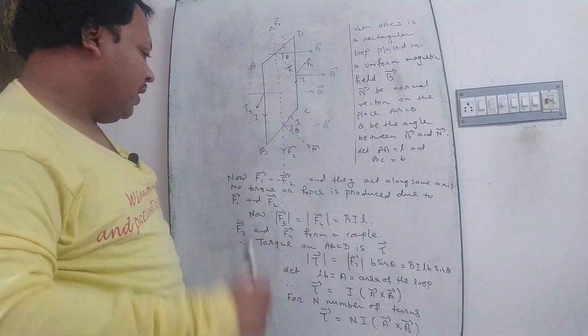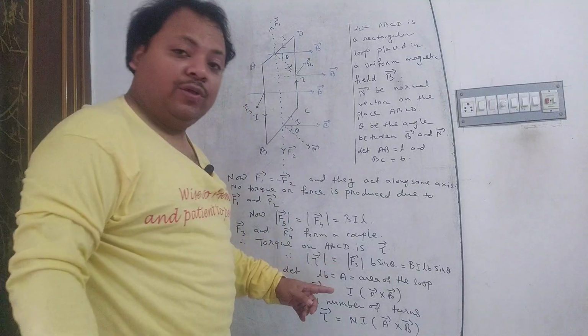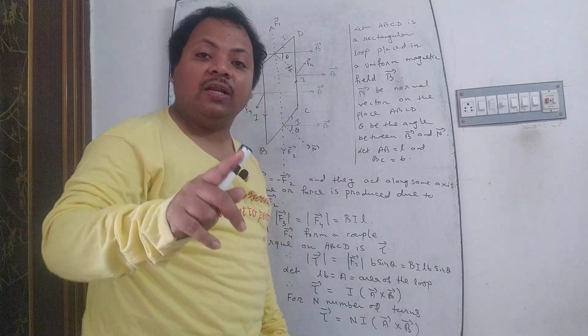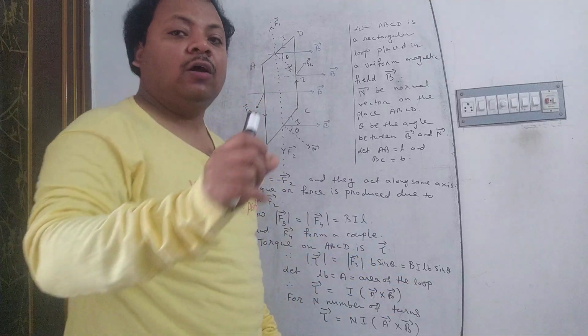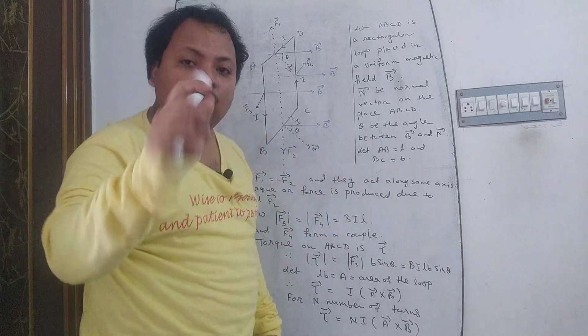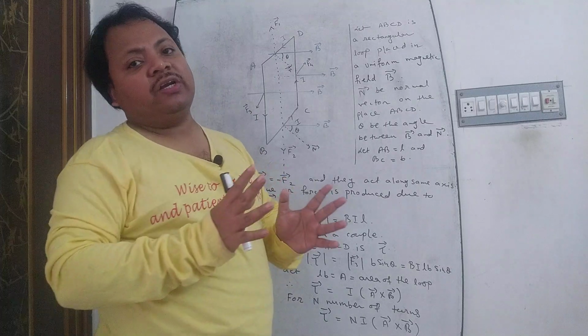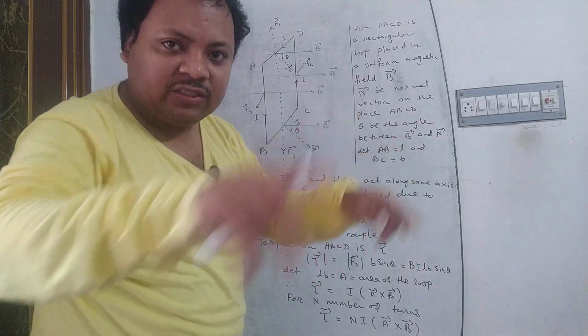Here l into b is equal to capital A, the area of the loop, and the capital A vector is the area vector of this loop. You know that the area vector always acts in the normal direction to the surface.